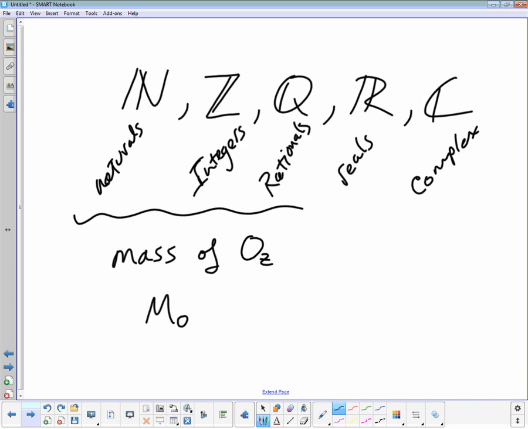Mass of Oz is equal to 1,000, so I have a kilogram of it, where T is in years.